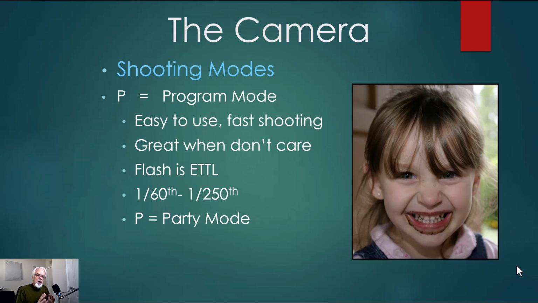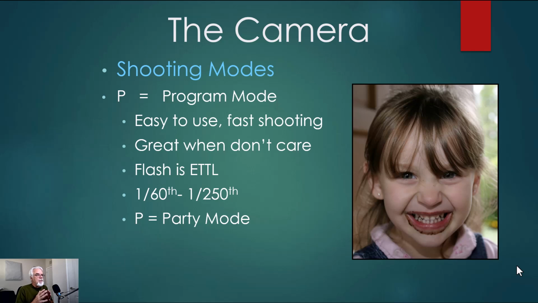And I'm not going to go there because I want, more importantly, to differentiate between program mode and the other shooting modes and why you're going to want to use other shooting modes in some cases for creative photography. So for now, I'm going to leave program mode at 1/60th to 1/250th of a second. And you can go into your manual later and determine if you want to change that range setting.